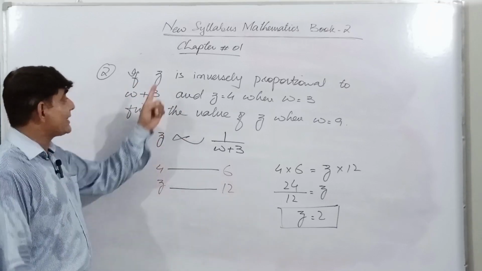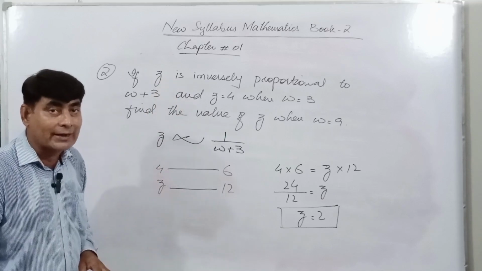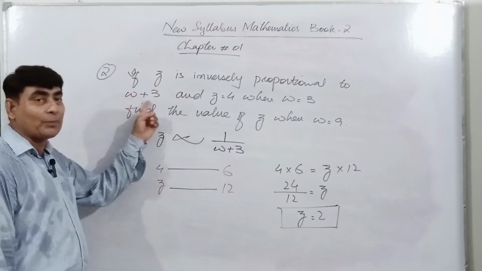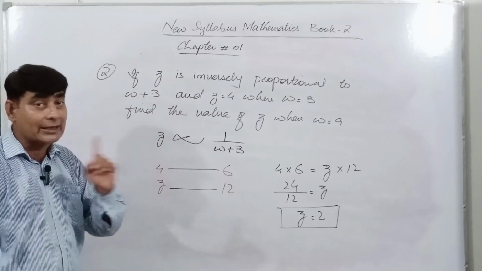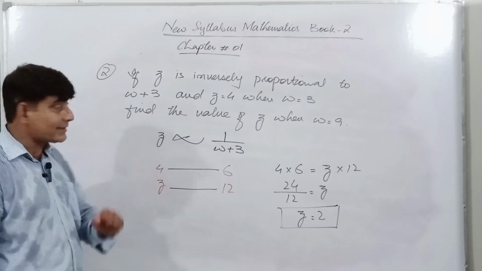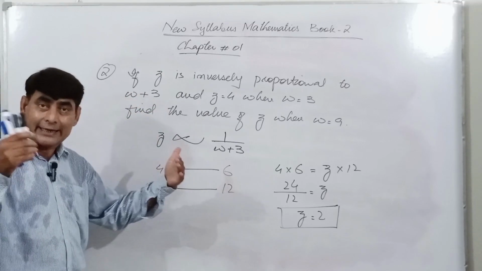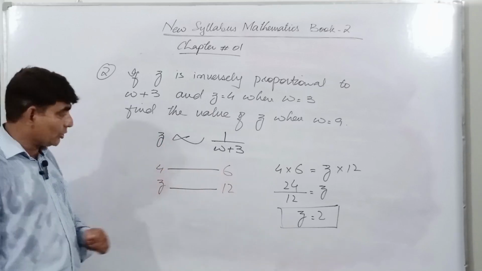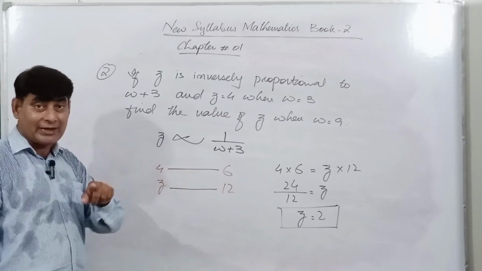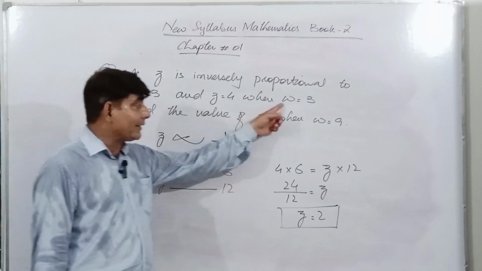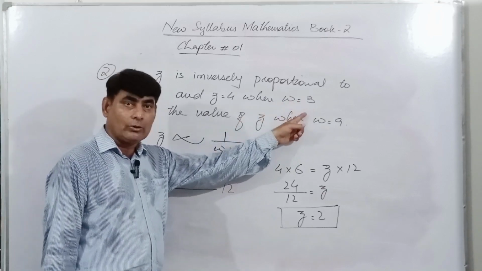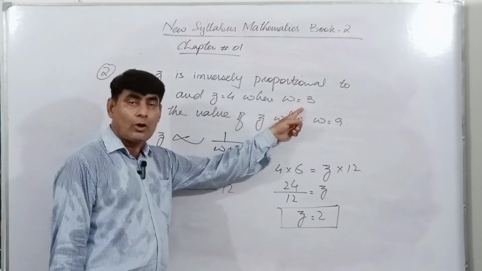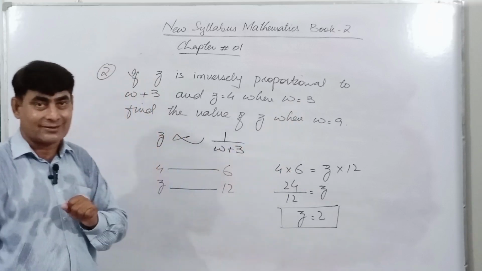One physical quantity is Z, the other physical quantity is W plus 3 and not W. Right? We consider W plus 3 as a whole. It is one physical quantity. So don't make a mistake by writing the direct value of W. Write down the value of W, whatever the relation is.